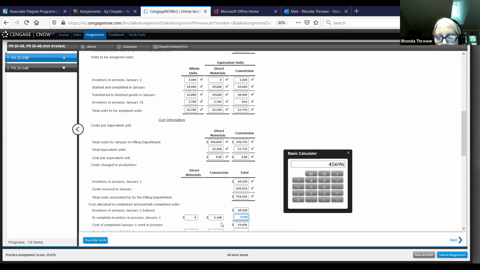We finished the beginning inventory units with respect to conversion, and it cost us 5,168 to do that. We didn't need to add any materials to our beginning inventory units because they were already added last period. So added together with this, it will give you the total cost of the beginning inventory for this month. Check your work.